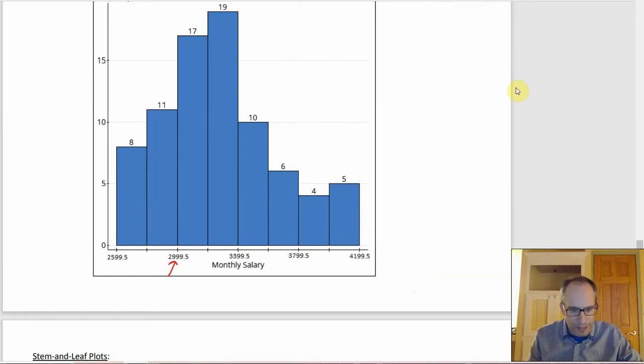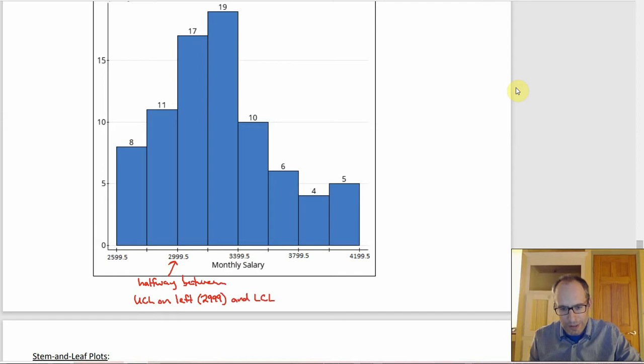That is halfway between the upper class limit on the left, which would be 2999, and the lower class limit on the right, which is 3,000.